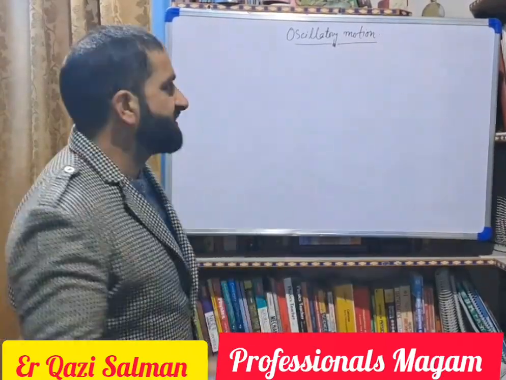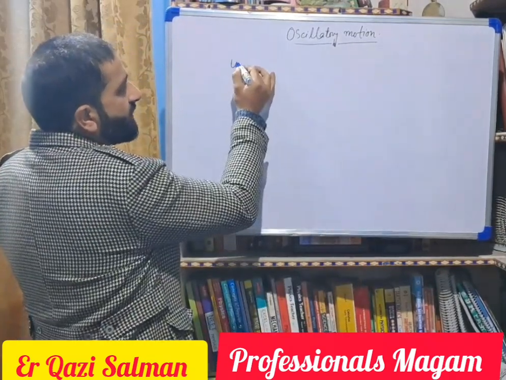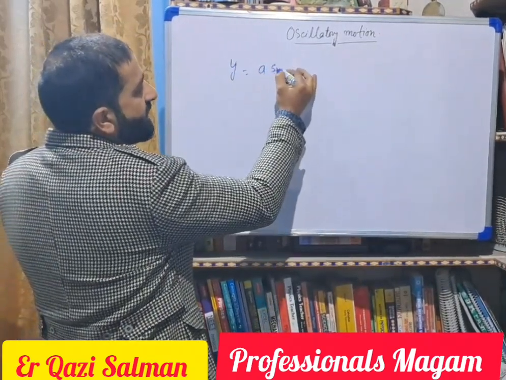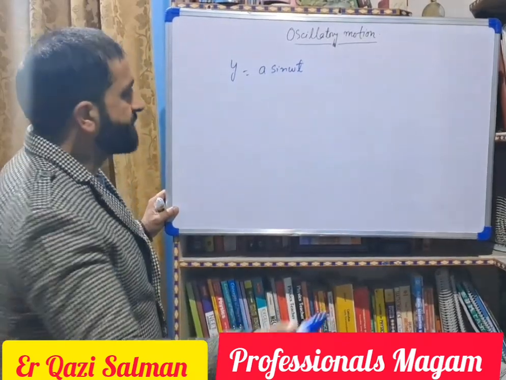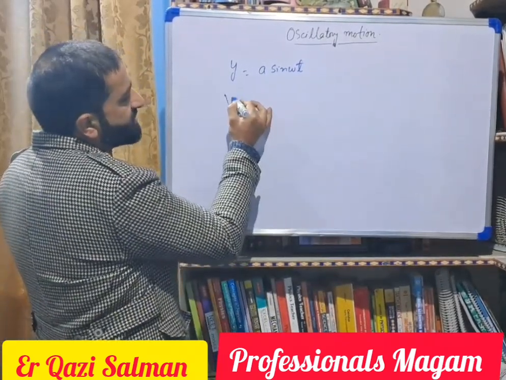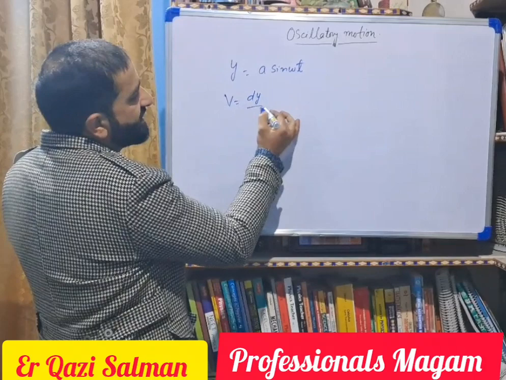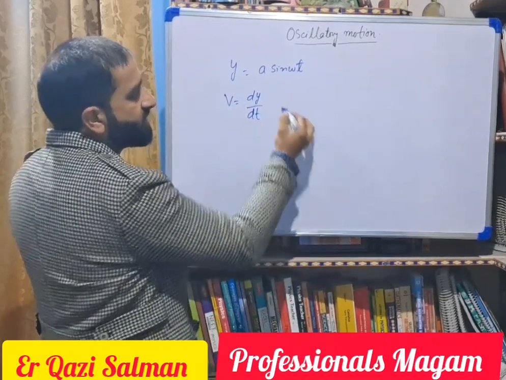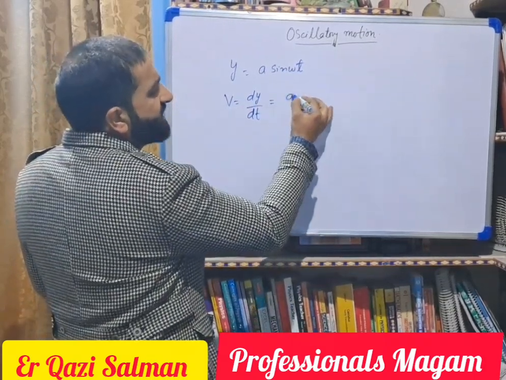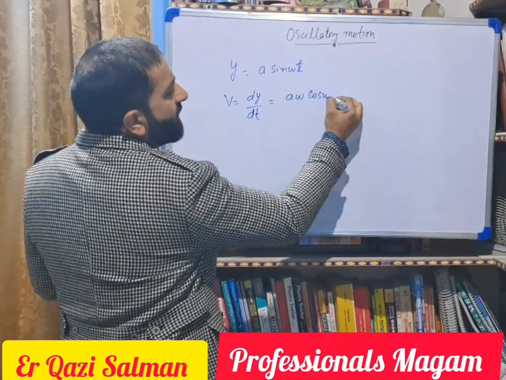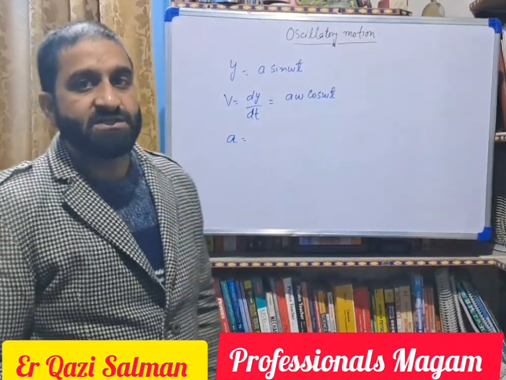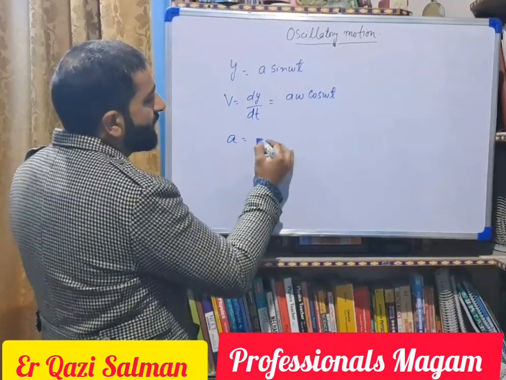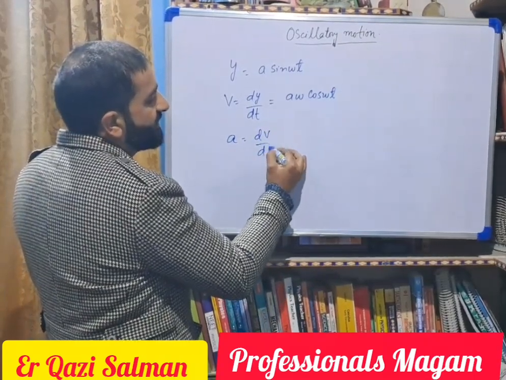Now talking of the acceleration, we know that y is equal to a sine of omega t. Let the motion start from the mean position. Velocity will be equal to the single differentiation of displacement with respect to time, as already discussed, a omega cos of omega t. And we know from the study of mechanics that acceleration is the differential of the velocity. So a is equal to dv divided by dt.